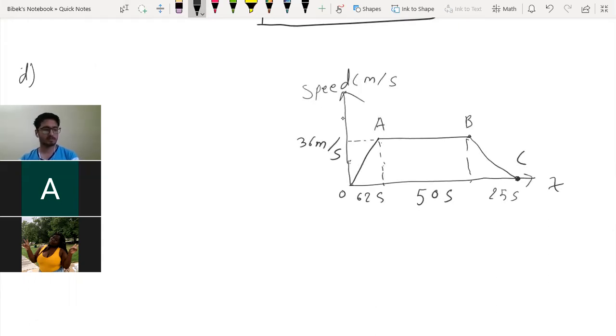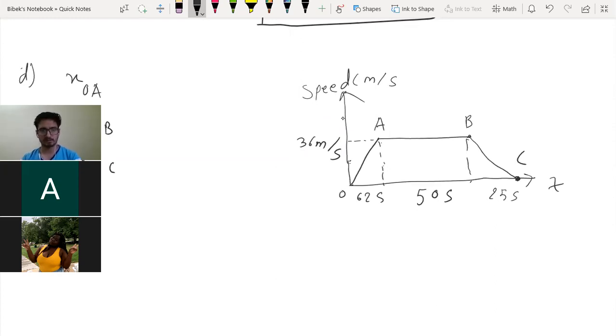Let me tell you the regular way of doing it, because there are basically two ways you can find distance. One is the easier one, and one is the lengthy one. In the longer version, you find the distance x OA, x AB, and the distance BC.